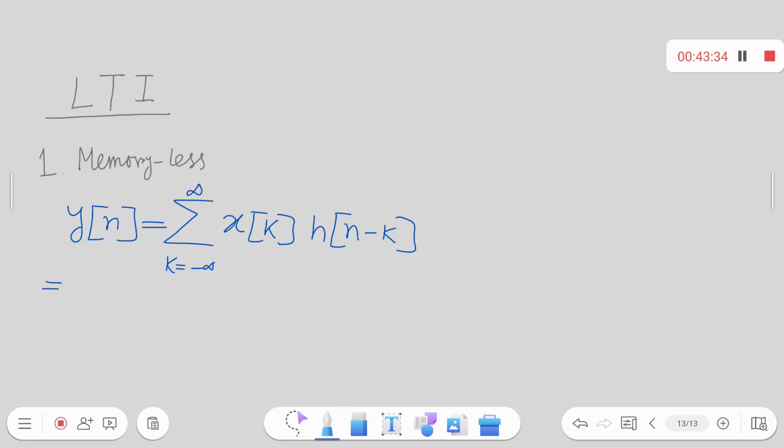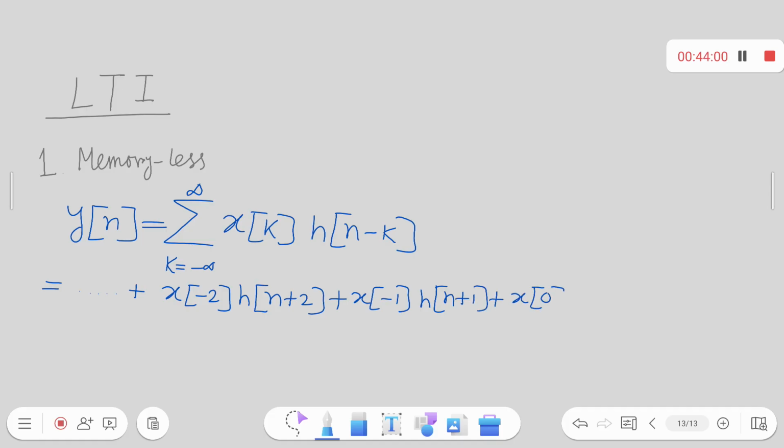So now I can write: x of minus 2 h of n plus 2, plus x of minus 1 h of n plus 1, plus x of 0 h of n, plus x of 1 h of n minus 1, plus dot dot.